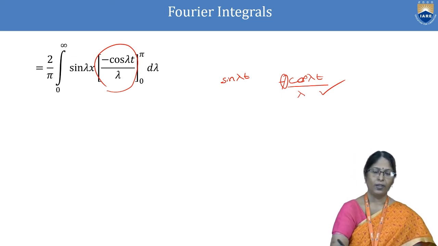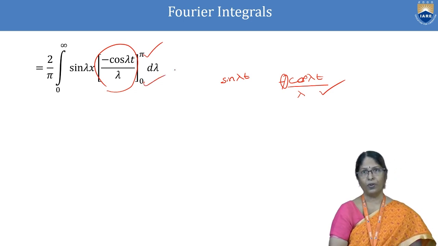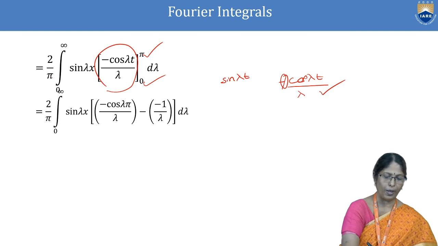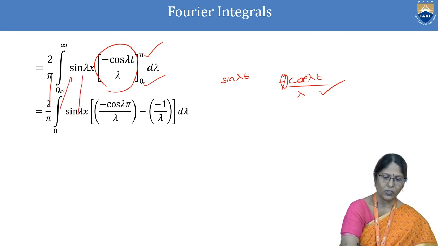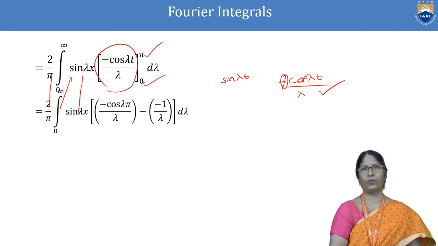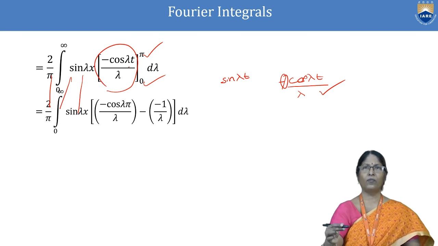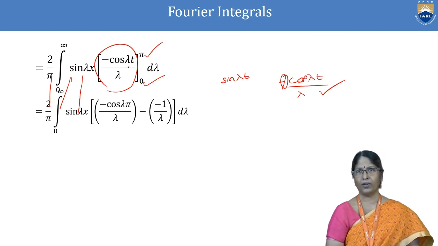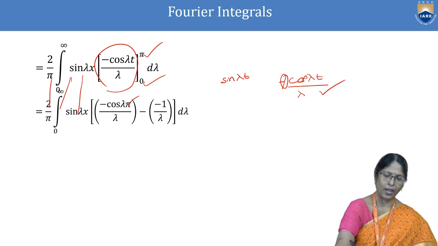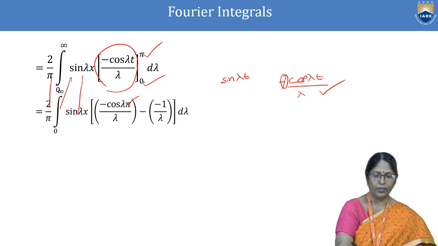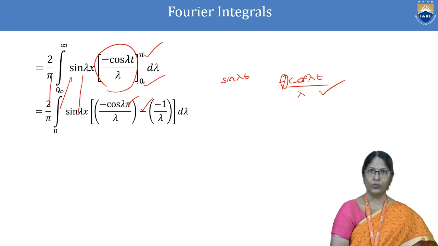Yes, next, the upper limit is pi, the lower limit is 0, we will substitute. 2 by pi, remaining all as it is we have written. Minus cos, in which place do we substitute? In place of t, the entire thing with respect to t, since we are doing the integration. So in the t place, pi is substituted, that is the upper limit. This is the formula, minus, the lower limit is 0.